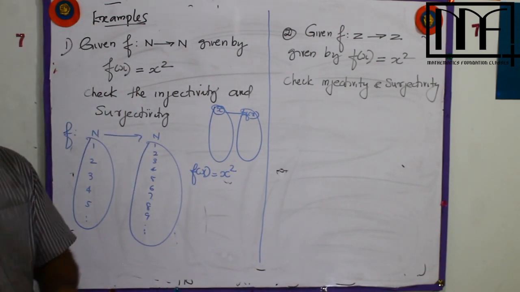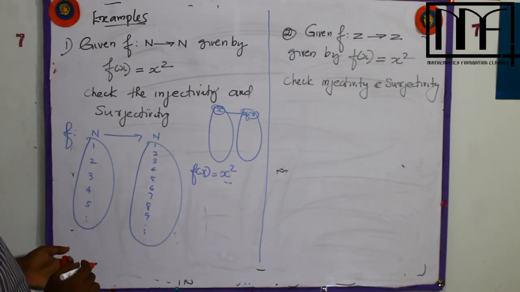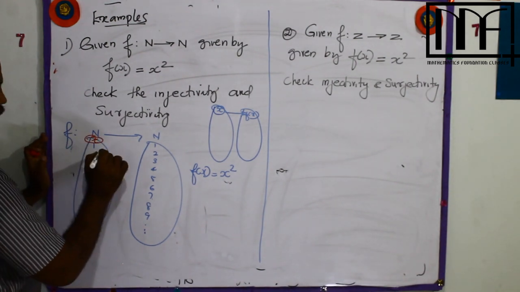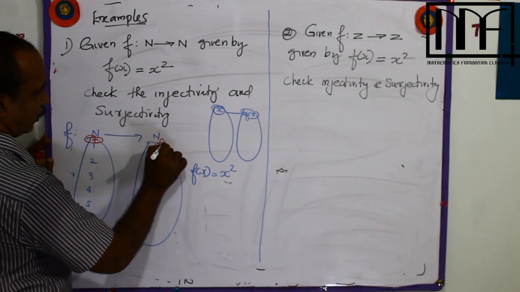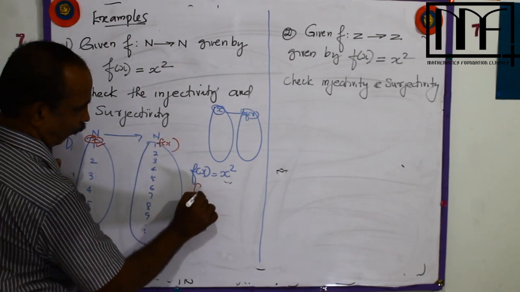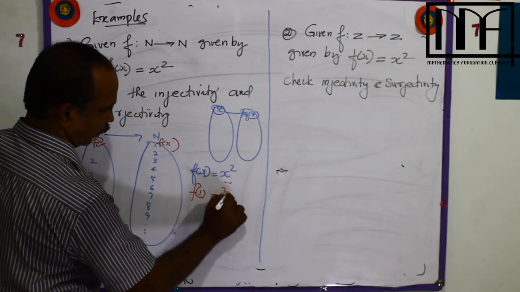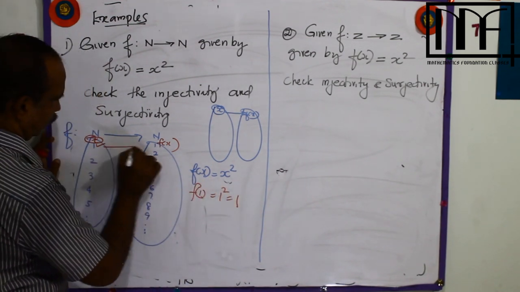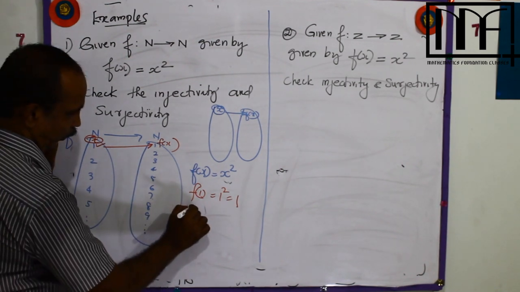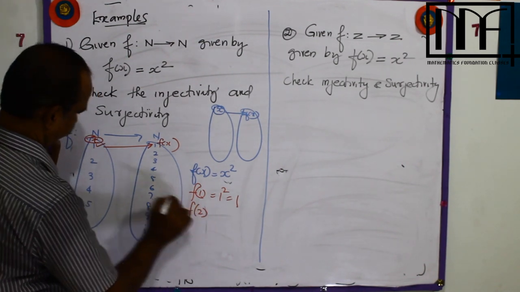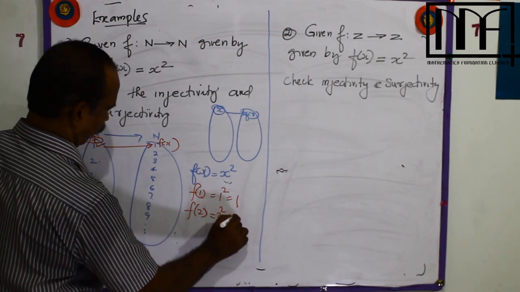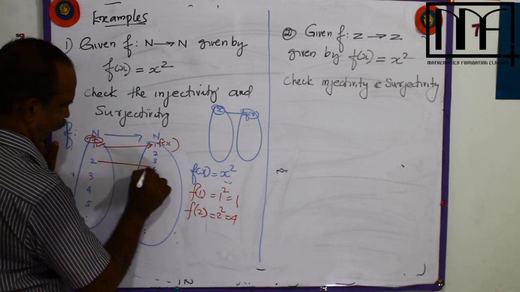Let's see the square of x. If x is equal to 1, f of 1 equals 1 square, which is 1. If x is equal to 2, f of 2 equals 2 square, which is 4. So it comes 2 to 4.